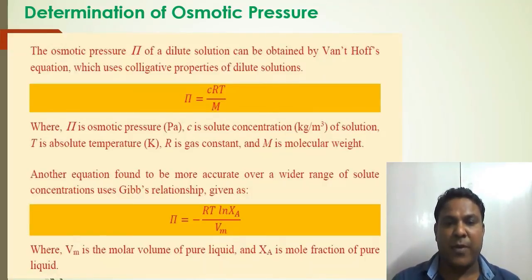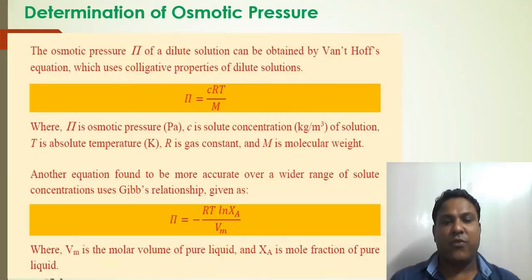You might be familiar with this equation, that is pi, the osmotic pressure, is equal to C into R into T upon M, where pi is the osmotic pressure in Pascal, C is the solute concentration in kg per meter cube of solution, T is absolute temperature, R is the universal gas constant and M is the molecular weight of the solute.